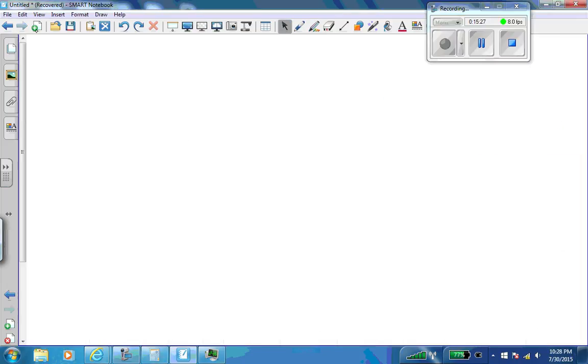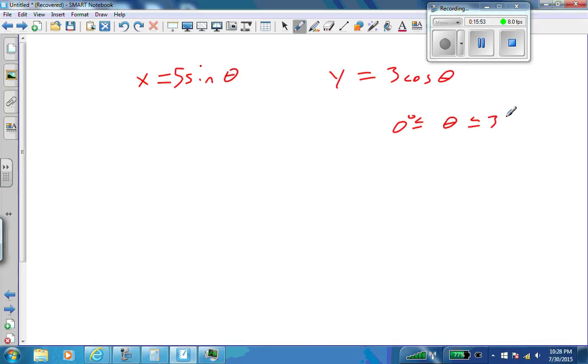Let's look at another set of parametric equations. Let's look at x equals 5 sine theta, y equals 3 cosine theta, and let's let theta be between 0 degrees and 360 degrees.